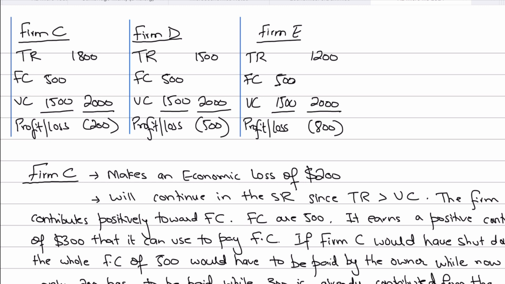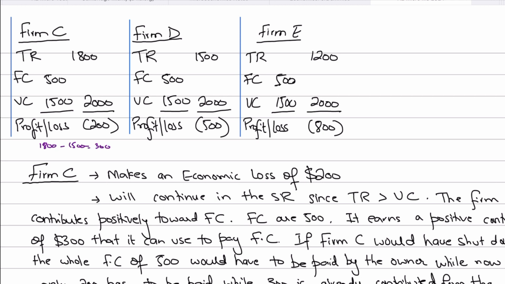Whenever my revenue is more than my variable cost, there's a positive contribution to producing and selling that product, in the sense that I am earning something out of producing it, and that contribution goes toward the fixed cost. Here my contribution is 1800 minus 1500, that is 300.